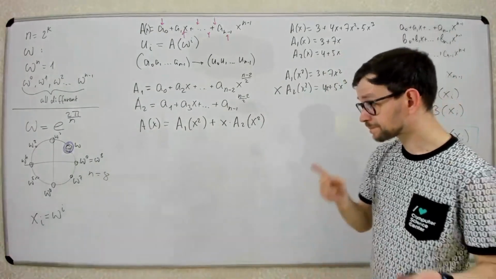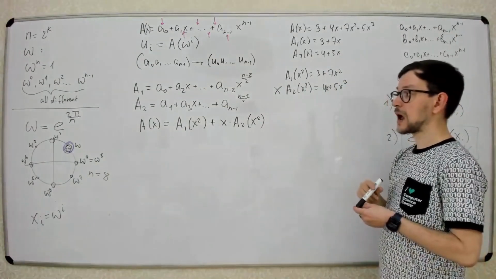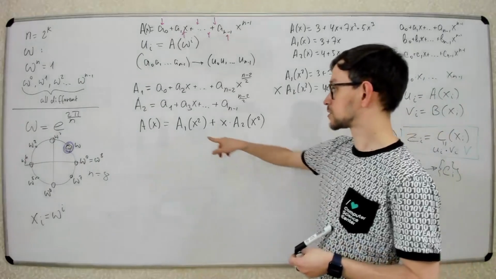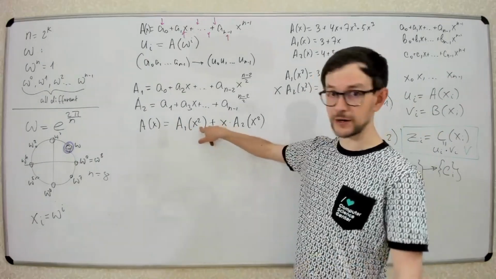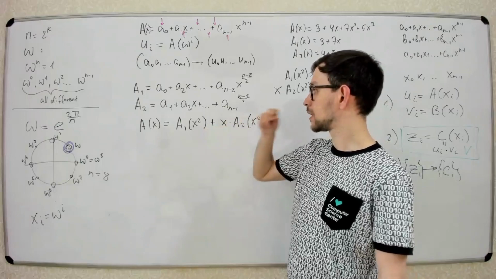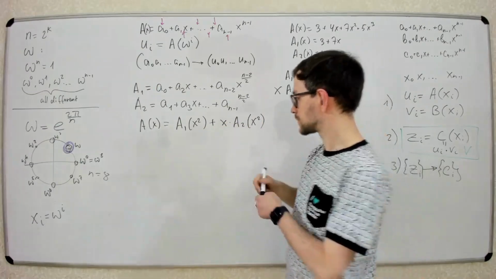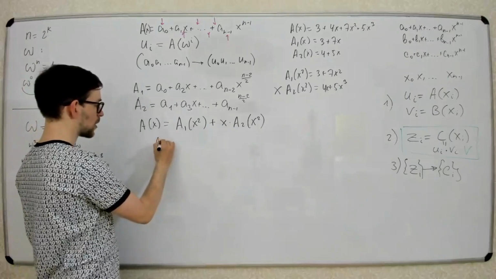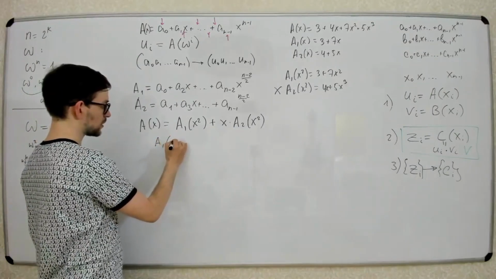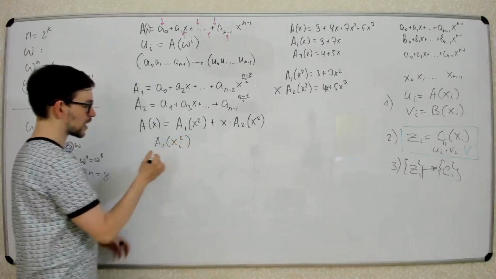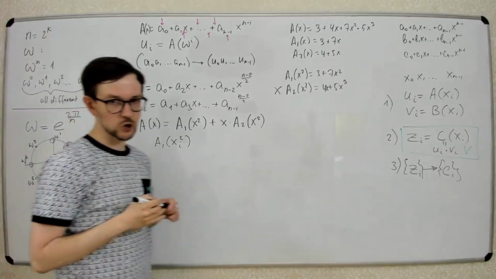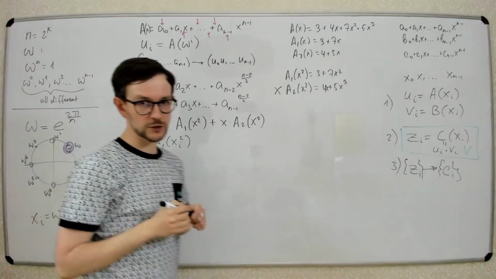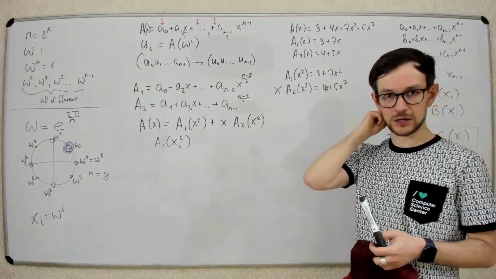But let's see. I need to calculate values of a1 and a2 only in squares. So I need to calculate values of this polynomial, let's say a1, only in the point xi squared. So only in points which are squares of my x's.